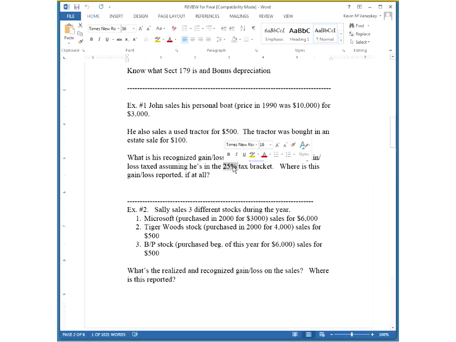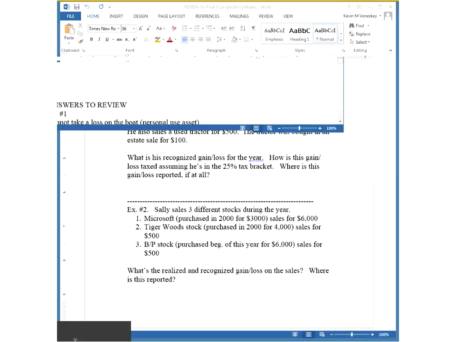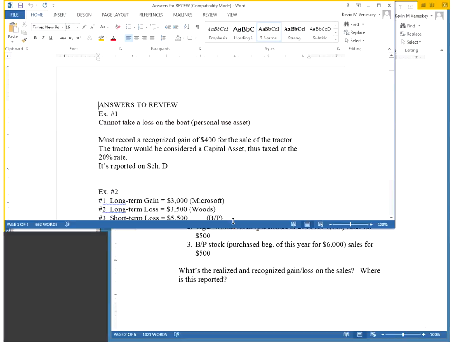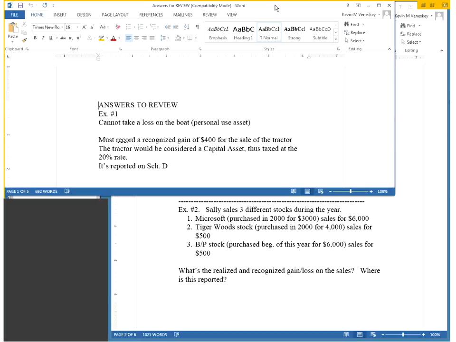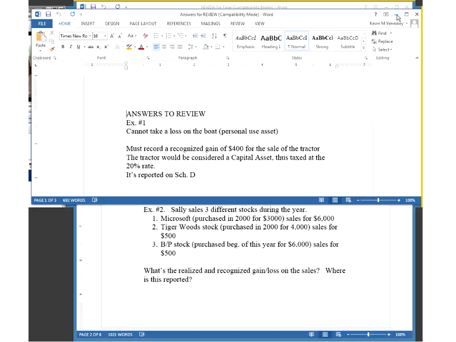And since we're in the higher of the two income brackets, this would be a capital gain, and we would be able to report our gains and losses at the lower rate of 15%. Now let me pull up the answers as well. And note it's on Schedule D.